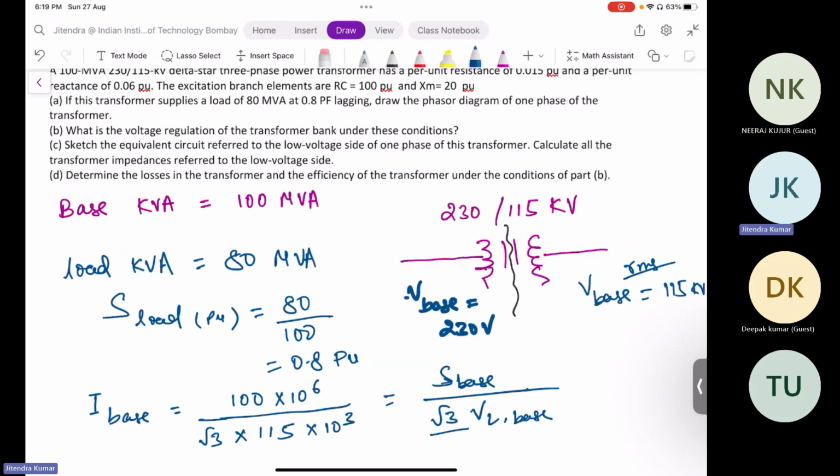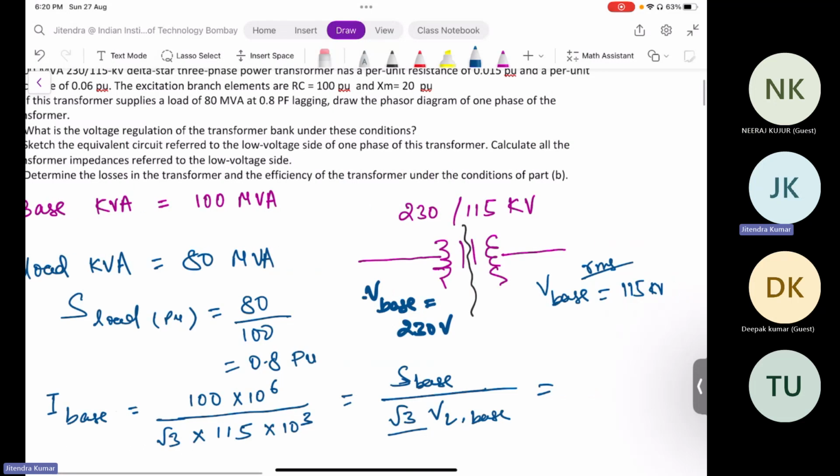How much will this come out to be? 502.04 ampere is your base current.